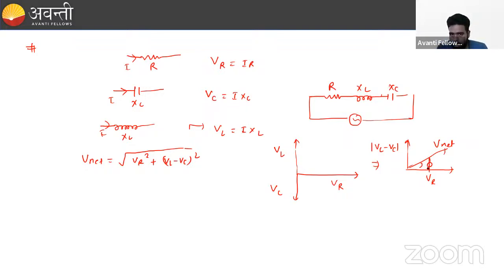So whenever any type of problem is asked in the LCR circuit, we can approach the problem in this manner, right? And whenever omega is given, we can also write 2 pi f. XL is given as omega into L, XC is given as 1 upon omega C. So these are some basic concepts of how we can approach the problem.